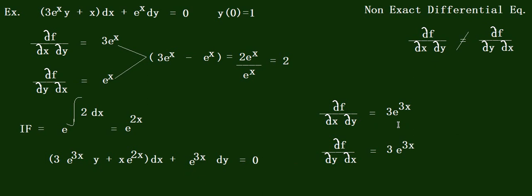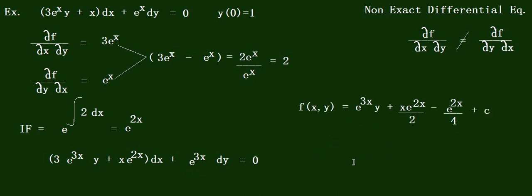So you can take the same procedure as I have stated in the earlier video. Make sure that you will get this function: e to the power 3x into y plus x into e to the power 2x over 2 minus e to the power 2x divided by 4 plus c. Now you need to put the value of x and y in this equation.